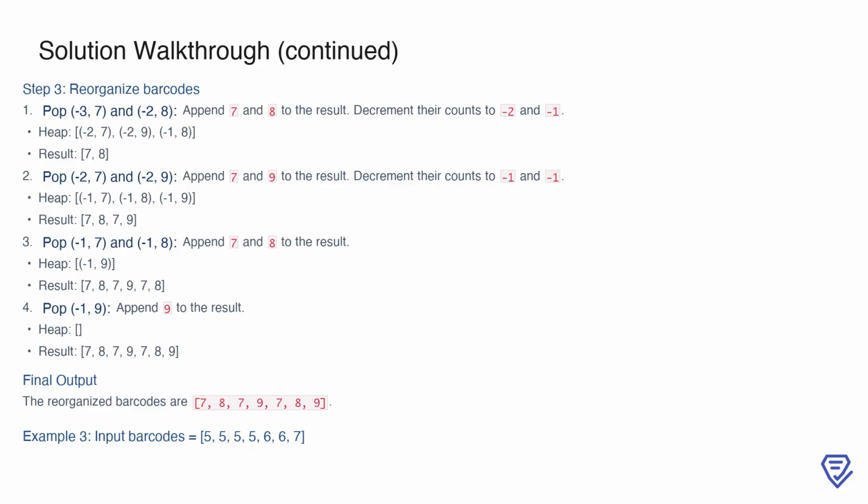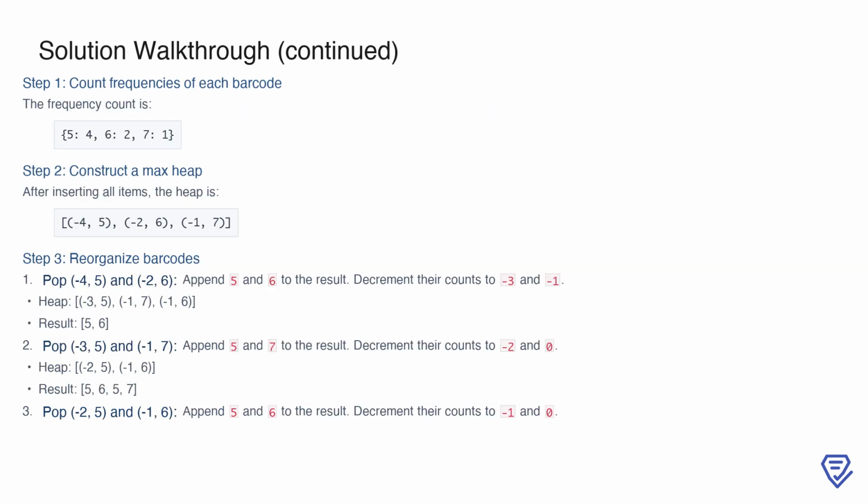In the third iteration, we pop (-1, 7) and (-1, 8), corresponding to barcodes 7 and 8. These are added to the result array, leaving the heap with only (-1, 9). Finally, we pop (-1, 9) and append 9 to the result array, emptying the heap. The final result is 7, 8, 7, 9, 7, 8, 9.